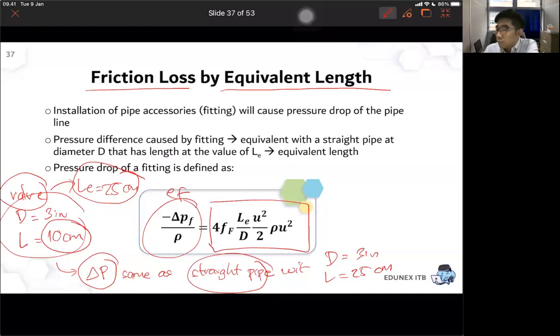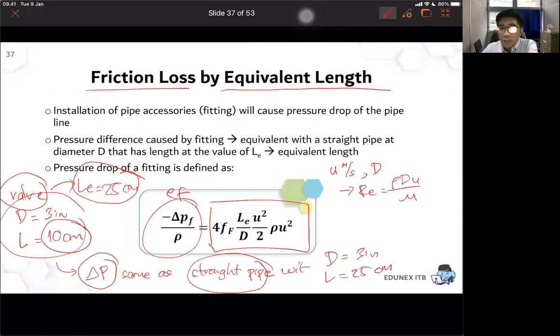Okay, what does it mean? It means you need to calculate the linear velocity first. After you know the velocity, you also need to know the diameter. You need to calculate the Reynolds number, right?